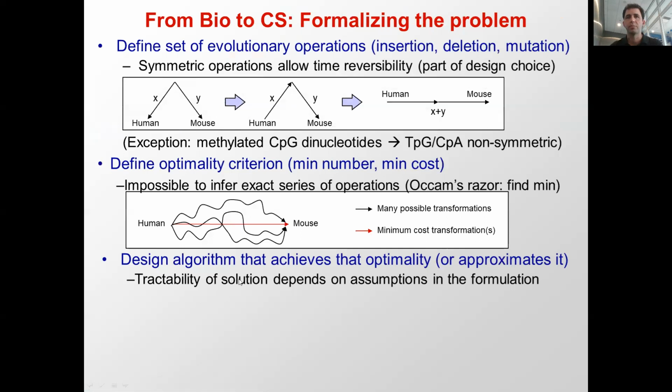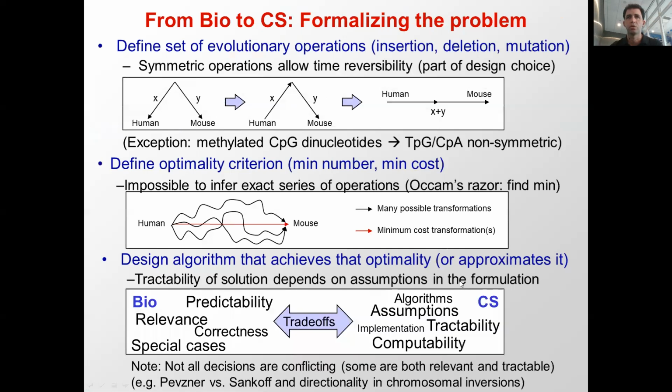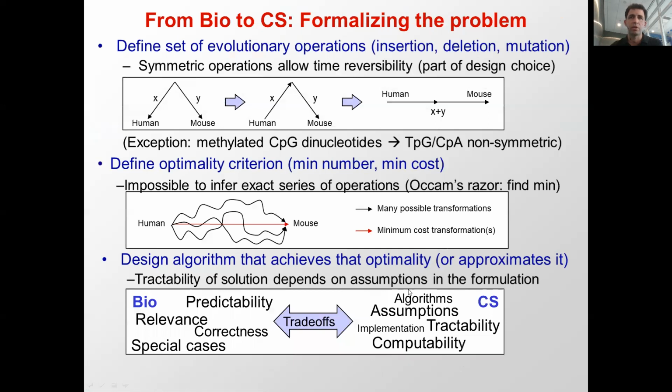And then again, the tractability of the solution depends on the assumptions that we make in the formulation. So what we're going to be faced with throughout the term is a trade-off between biology and computer science. On one side, the closer we are to achieving the biological goals, the higher the relevance, the correctness, handling special cases, predictability.